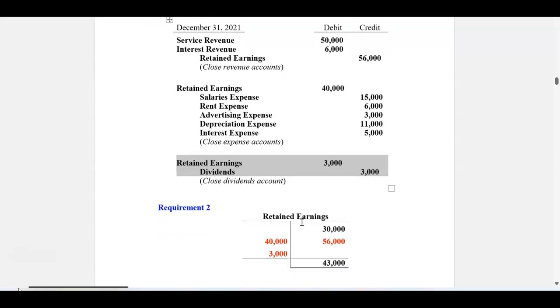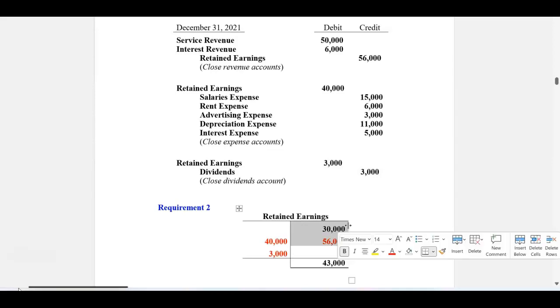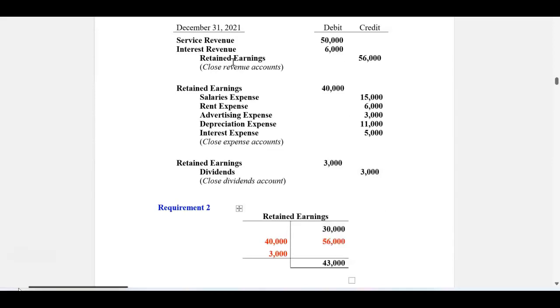Now, what happens in your retained earnings? As you know, the beginning was $30,000, right? But you close your revenues into retained earnings, so your retained earnings will go up. Then you close your expenses into retained earnings, $40,000, so your retained earnings goes down. And you close your dividend into your retained earnings, so your retained earnings, the leftover profit, goes down again.